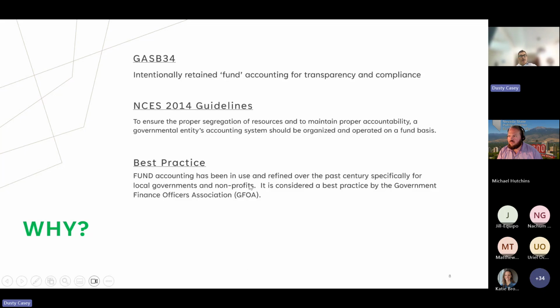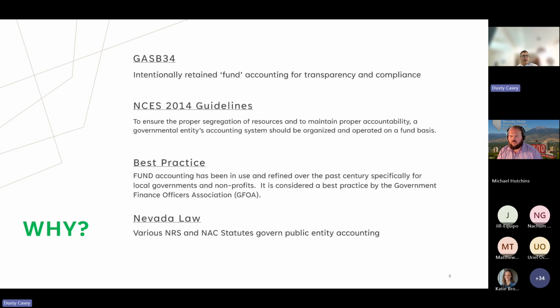It is also considered a best practice by the Government Finance Officers Association, the GFOA. Some of you may be familiar with that. There's a lot of discussion in that national organization about best practices around fund accounting. And lastly, Nevada law.